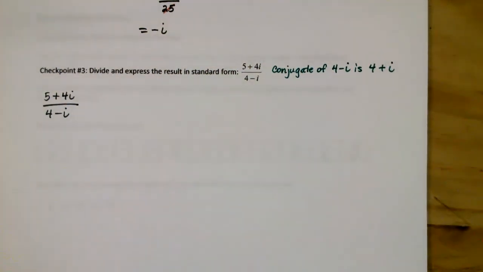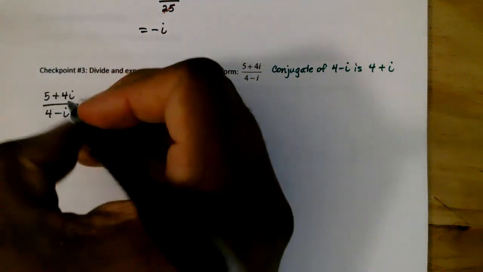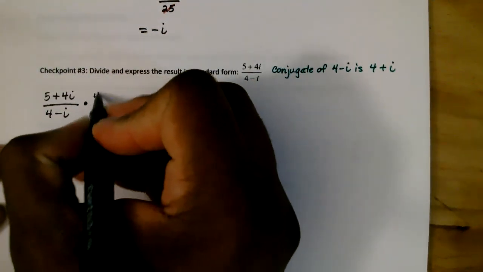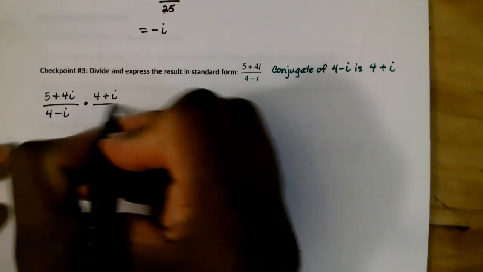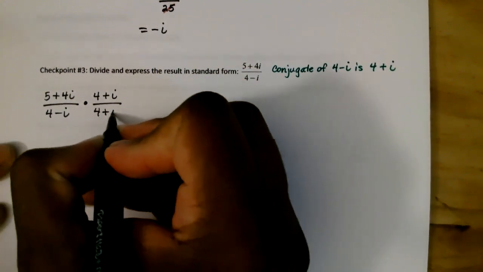All I do there is just change from subtraction to addition. The terms stay the same, but it's just the operational symbol that switches. So 4 minus i, its conjugate would be 4 plus i. So that means I'm going to multiply the numerator and the denominator by its complex conjugate, which is 4 plus i.